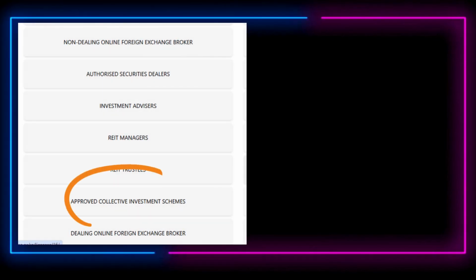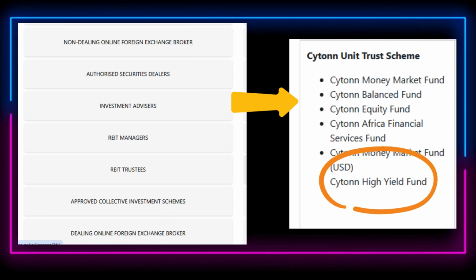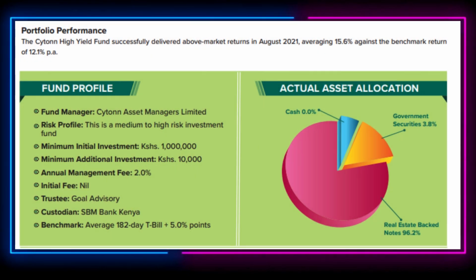The Cytonn High Yield Fund falls under the collective investment scheme, and you can see this in the screenshot which I took from the CMA website. You can see that the Cytonn High Yield Fund is under the collective investment scheme. And this screenshot I got from the Cytonn website is the fact sheet for the Cytonn High Yield Fund.